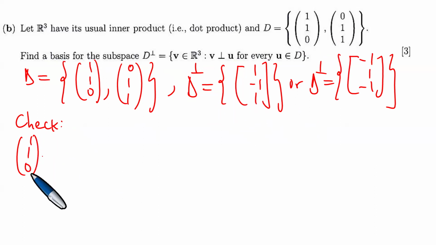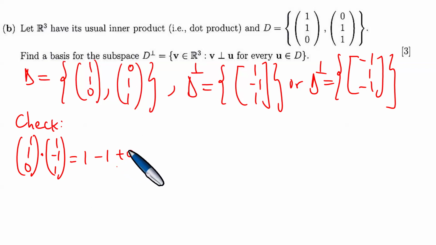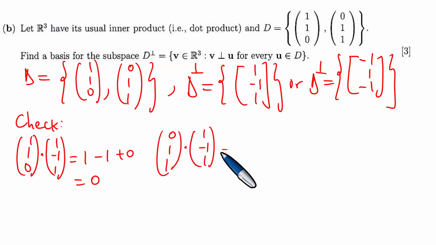So 1, 1, 0, if you dot it with 1, minus 1, 1, what is the answer? 1 times 1 is 1, 1 times minus 1 is minus 1, and 0 by 1 is 0, so the result is 0. But it must also produce 0 with 0, 1, 1. Then we have 1, minus 1, 1: 0 by 1 is 0, 1 minus 1 plus 1, and the result is 0. This confirms that this D perp is correct.